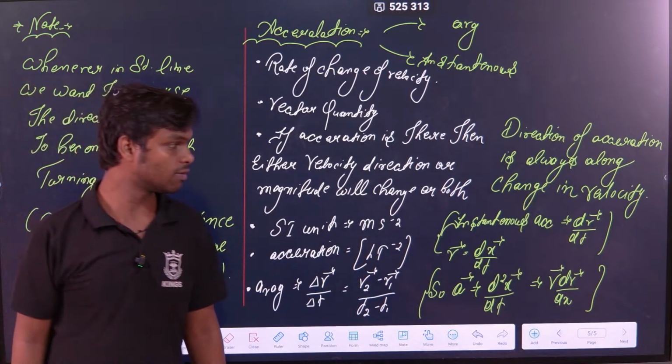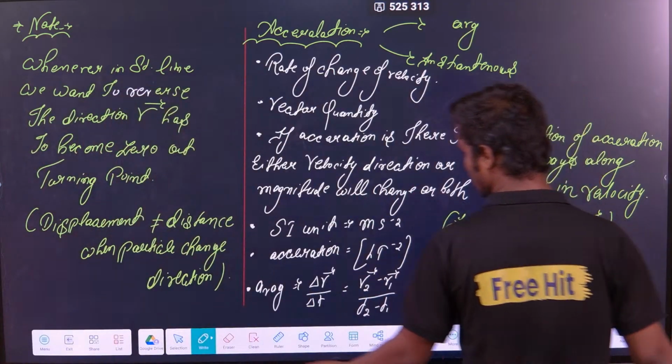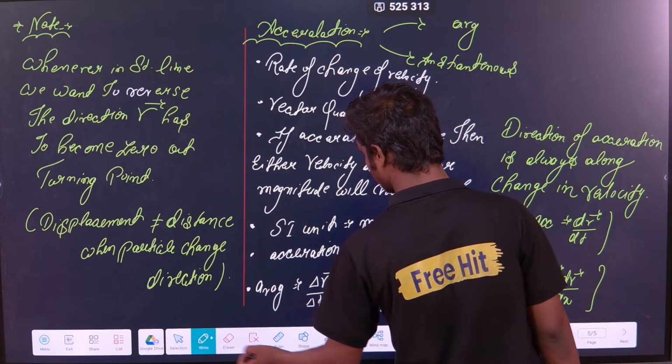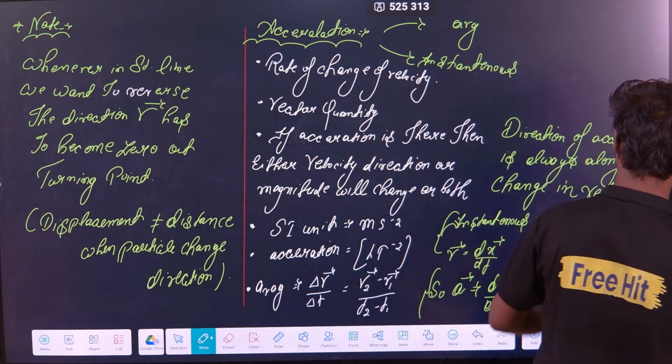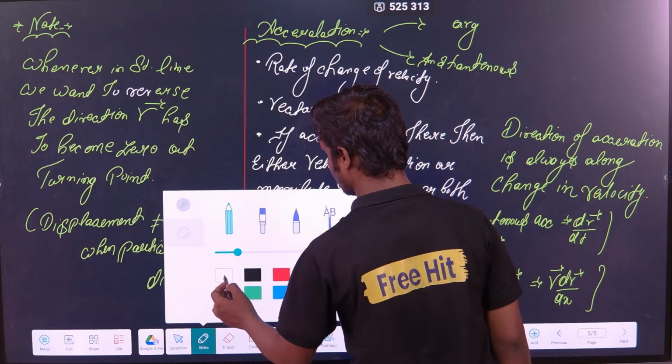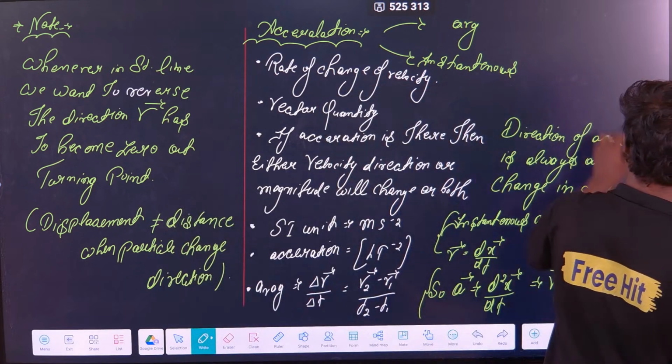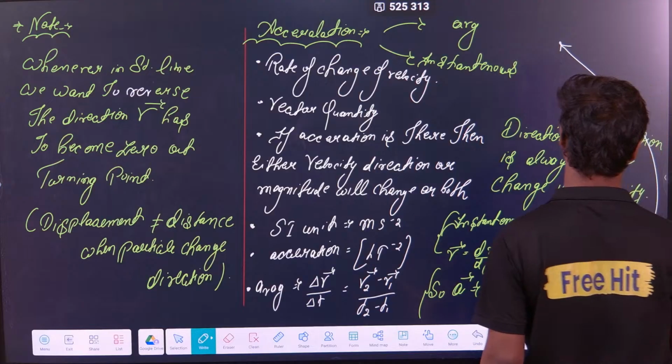So these are the different differential formulas for acceleration. From here, can you tell me what conclusion you get? If you understand my differentiation mathematical tool, what is the conclusion from this line?